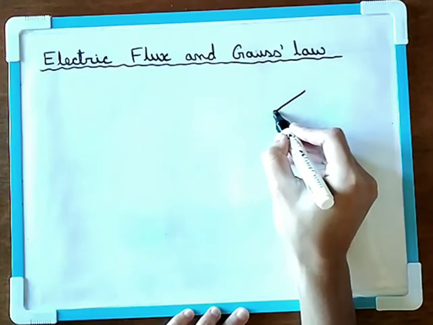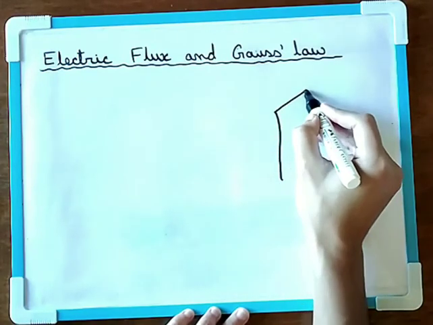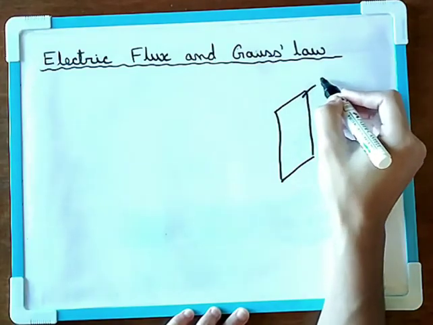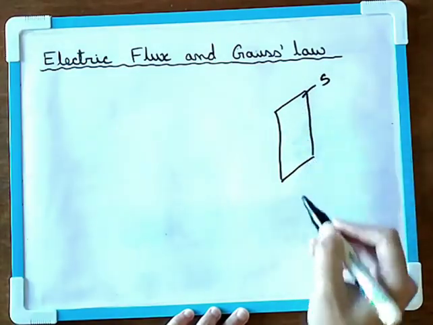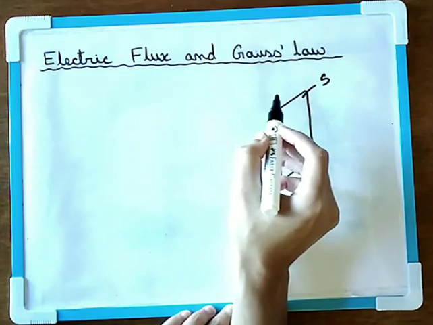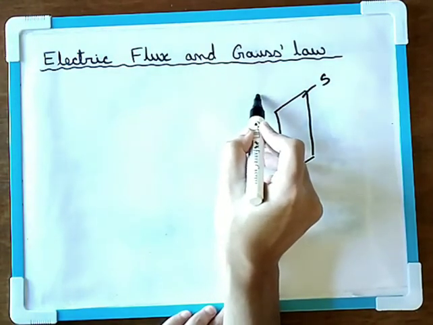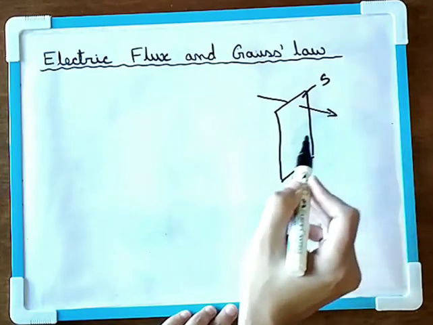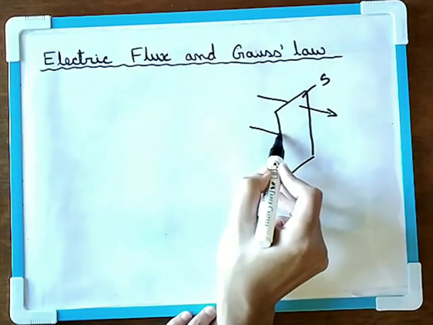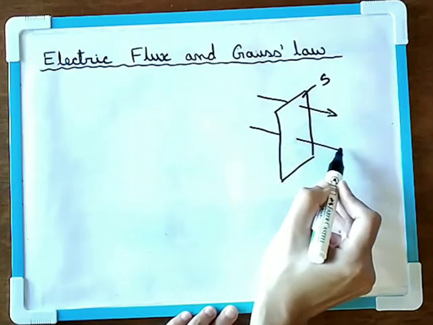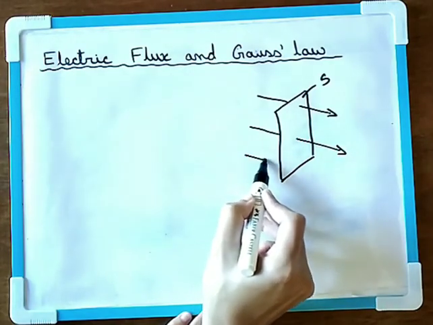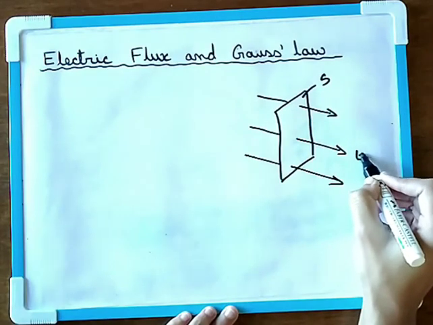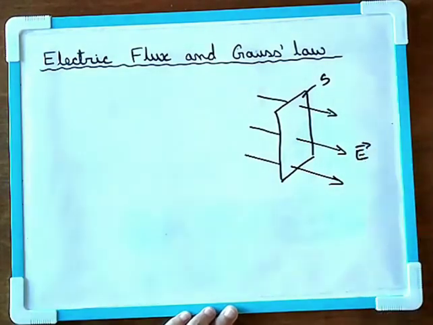So here we have a surface area, say S. This is the surface area S, and your electric field lines are crossing this area in this direction. So this is your E vector, the electric field vector.